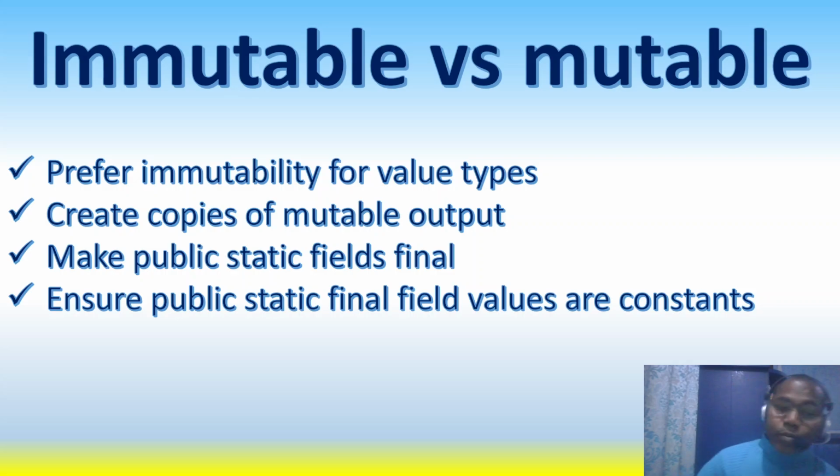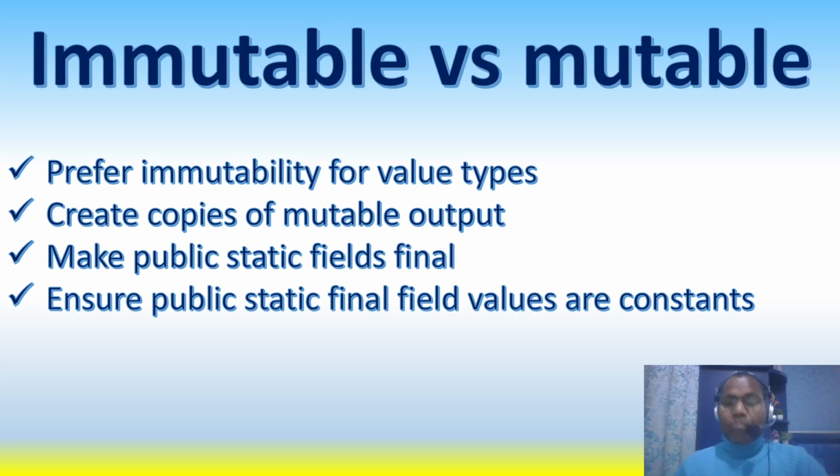And a good option, whenever you are writing a constant variable, use a constant where possible, and make any field final as much as possible, so that at runtime nobody can initialize a new value. So prefer immutability in the case of shared mutability.